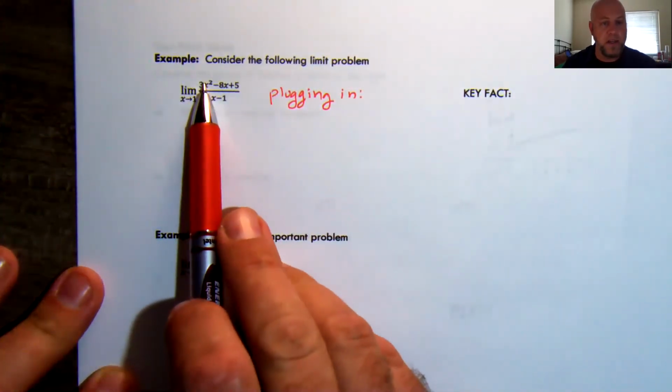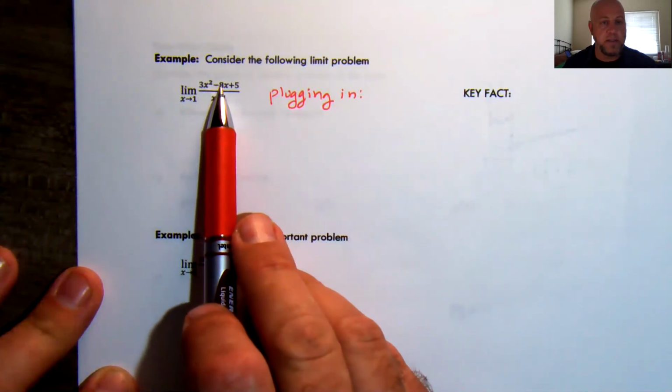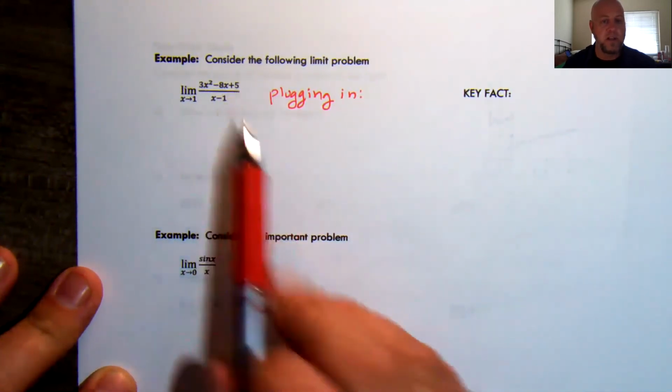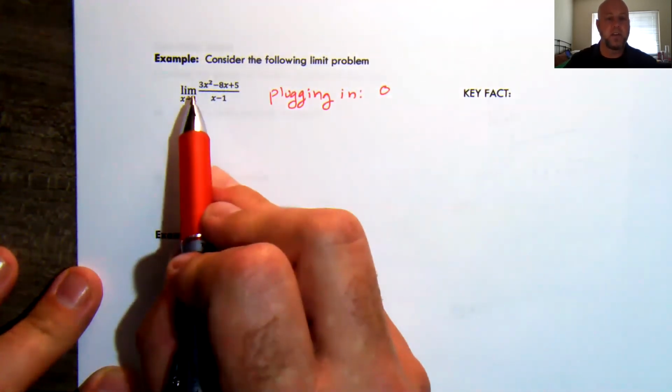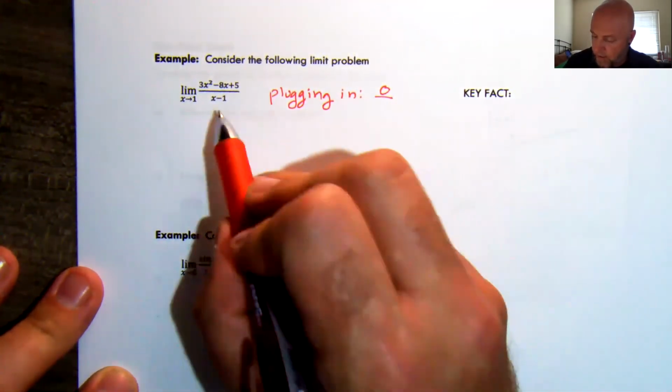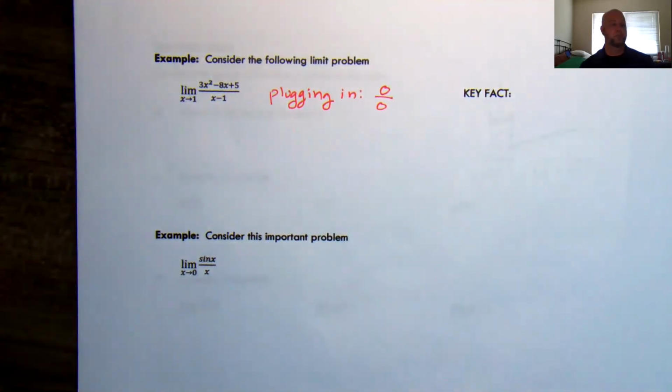Plugging in 1 gives us 3 times 1 squared minus 8 times 1 plus 5. That's a value of 0. And in the denominator, we also get a value of 0. Now that's not an answer. We can't divide by 0. That's an undefined operation. So in this instance, plugging it in did not give us a result.